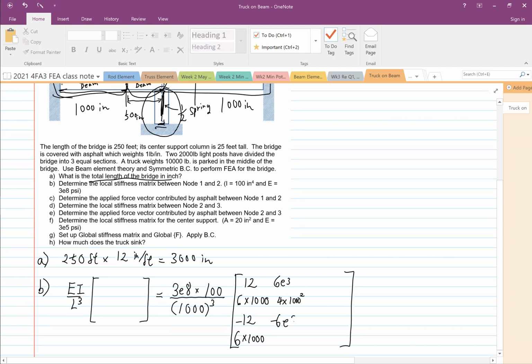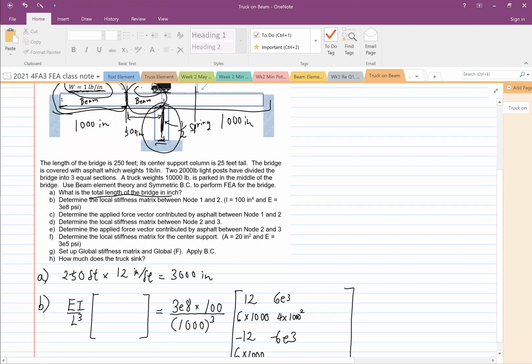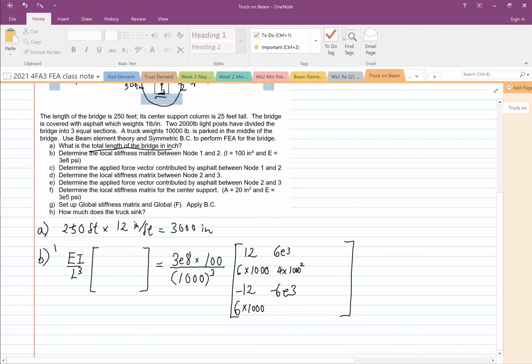Just do this for all 12 terms, a 4 by 4 matrix. Then you get this. Yep, this is the stiffness matrix for beam. To make it clear, let's call it beam 1.